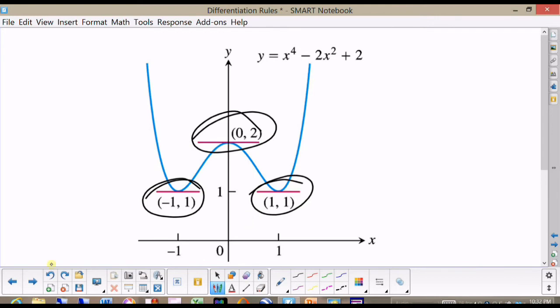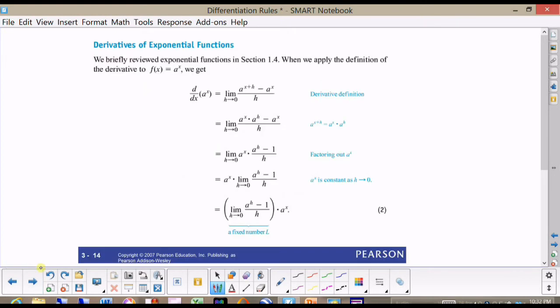Now, we're going to get into an even more interesting derivative, the derivative of an exponential function. And an exponential function, as you recall, is f of x equals a to the x, where a is the base.